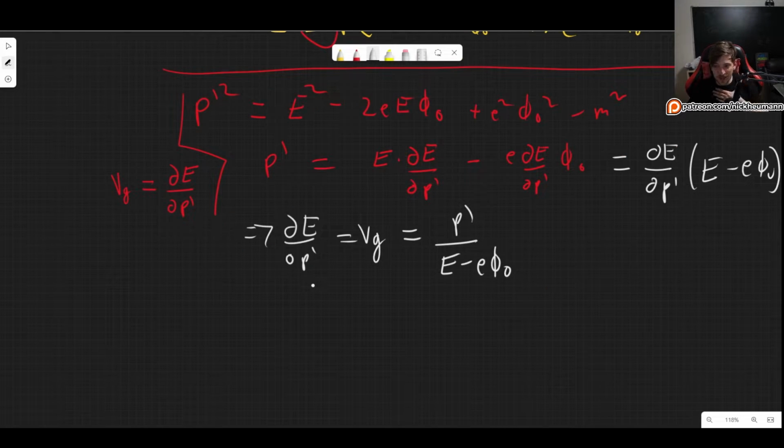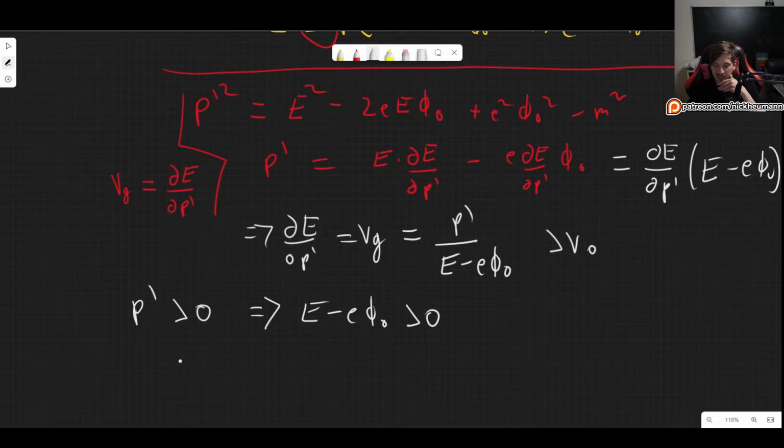Now we expect that the transmitted wave will be traveling to the right. So for that to happen, for the group velocity to be greater than 0, if p prime is greater than 0, we require that E minus e phi 0 also has to be greater than 0. Otherwise, it would turn everything negative.